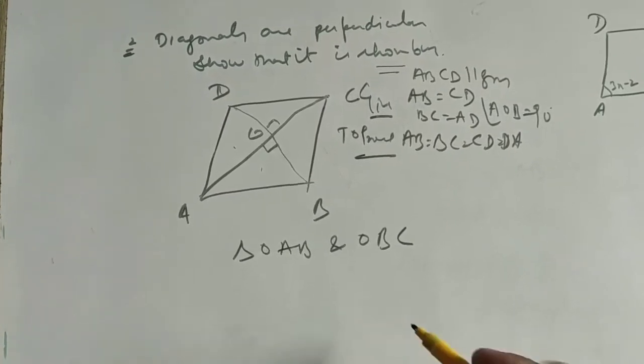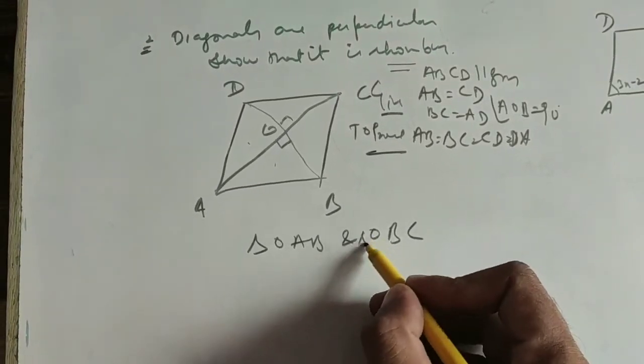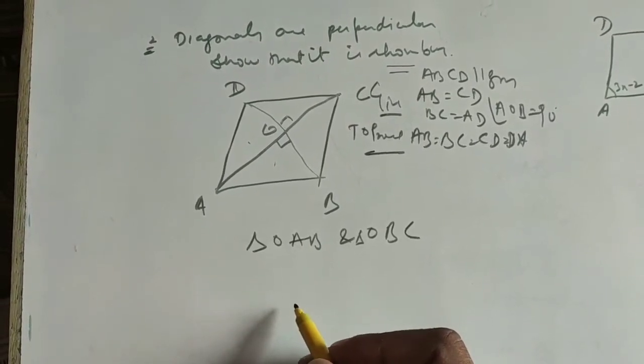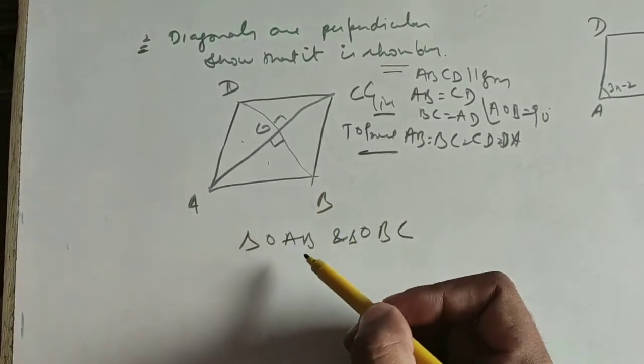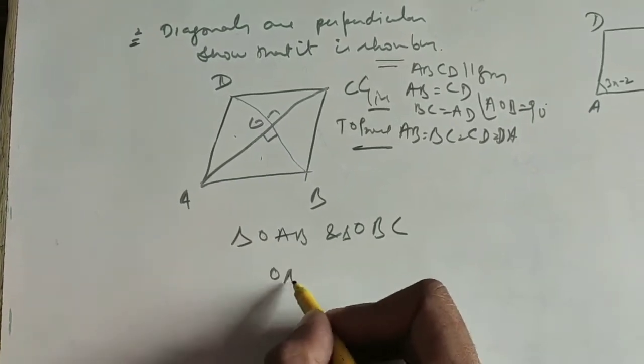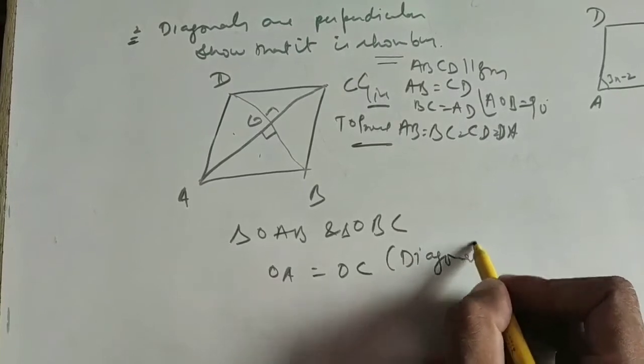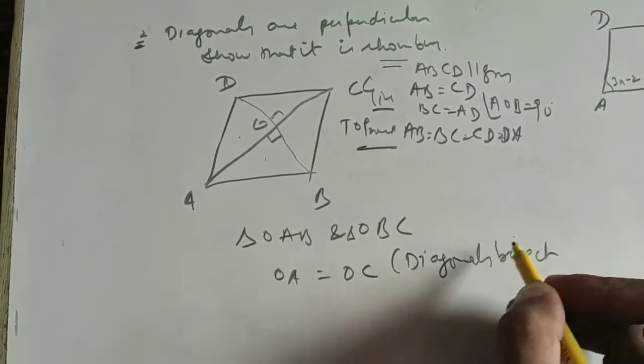Okay. So in triangles OAB and OBC, we know that ABCD is a parallelogram and diagonals bisect each other. So we can say that OA is equal to OC, because in a parallelogram the diagonals bisect each other.